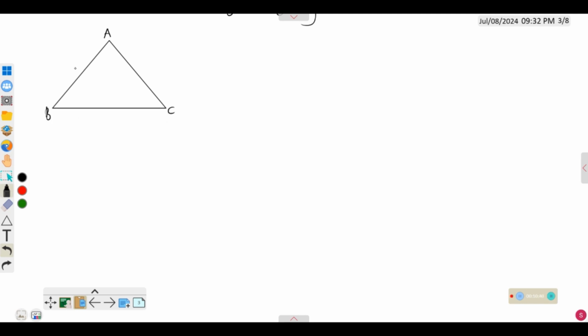And this side is c, this side is b, this side is a. And then what did we say we are going to do? We're going to construct again. But now what do we construct? We construct, let's call it CE, such that E lies on AB.